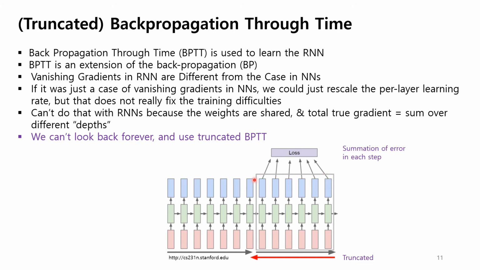I don't care about 7 or more steps back. I only consider 6 previous steps. That's what actually happens, and that's why we call it truncated. We don't consider all the history, just 6 or 7, whatever, previous steps. So that's why it's sometimes called truncated backpropagation through time.